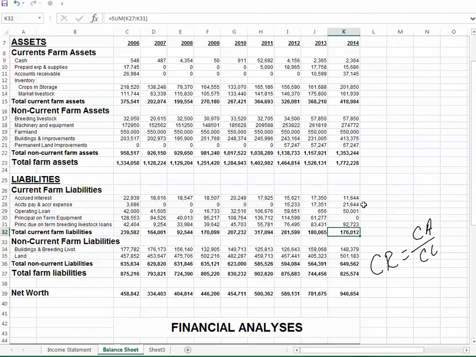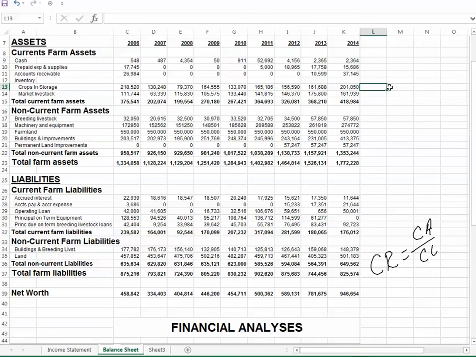Now, you know current liabilities are what's due in the next 12 months. In other words, in the next year, not the previous year, because that's already done. It's what's due in the next 12 months. When you look at current assets, these are things that the farm has that are either cash or things that are being held for sale.